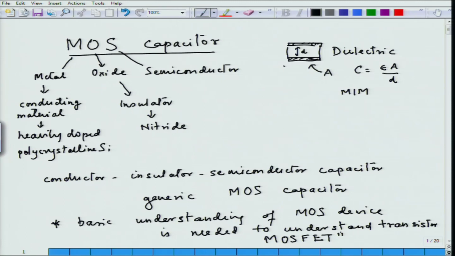So, we can start discussion on transistors only if we understand the MOS fundamentals. So, the importance of the MOS capacitor is not only as a device in itself, but also as a very important component of MOSFET devices.